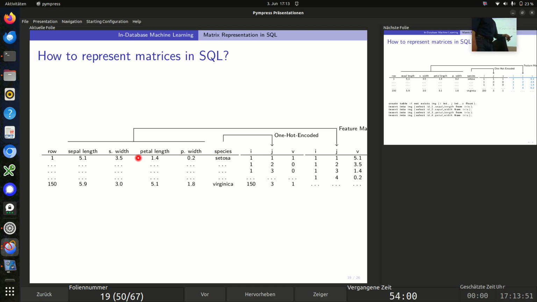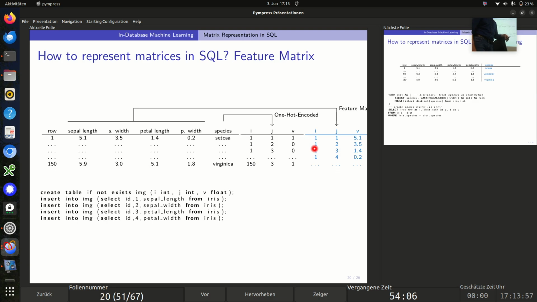The other 4 attributes should be stored in another matrix. So I first have to create my table, and then for every attribute, I have to encode it into a certain row. So the first, second, third, and fourth.